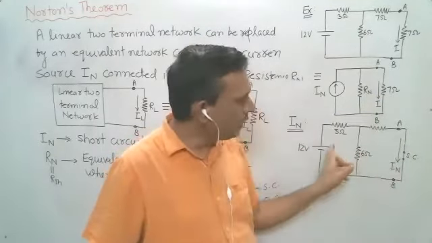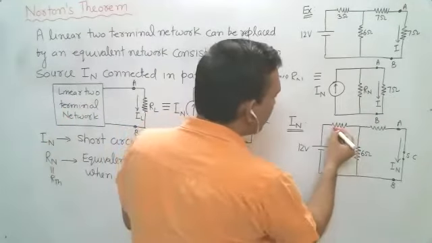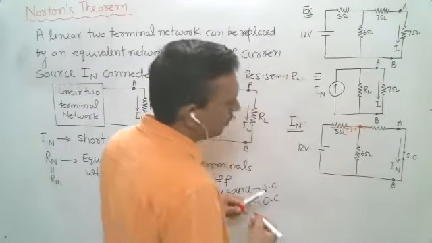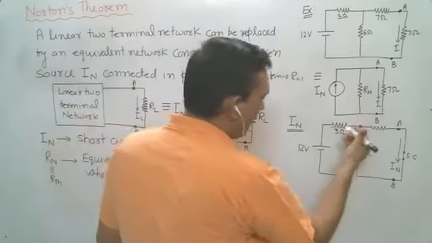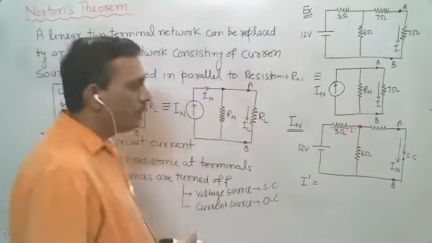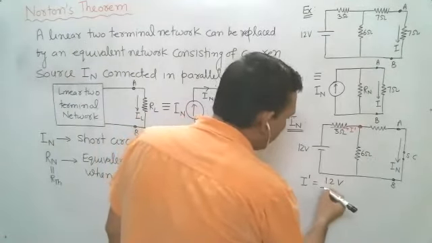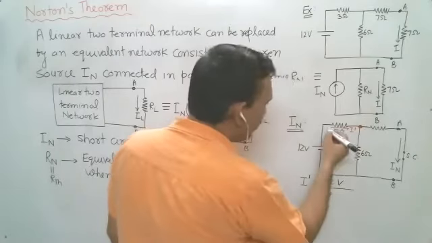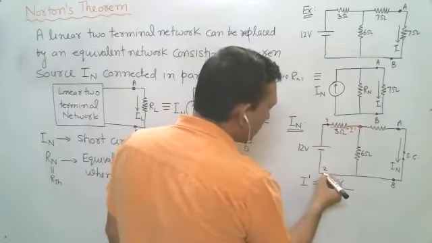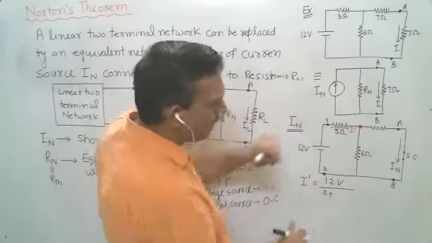So you can easily calculate IN in this two loop network. Assume this current is I dash. Because if you know this current, then you can apply current division at this node. So first find I dash. What will be I dash? 12 volt by 3 plus the equivalent resistance across points 1, 2. Voltage source is applied across 1, 2, so I dash will be V by equivalent resistance.